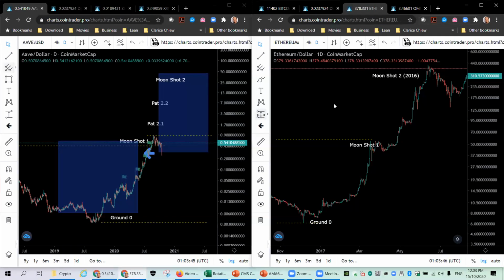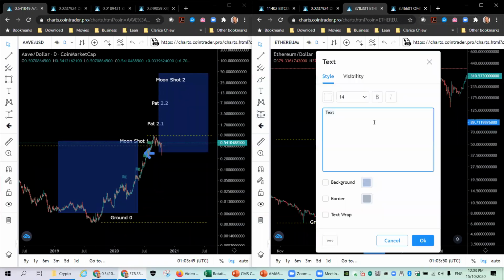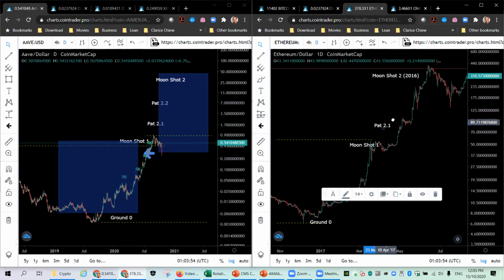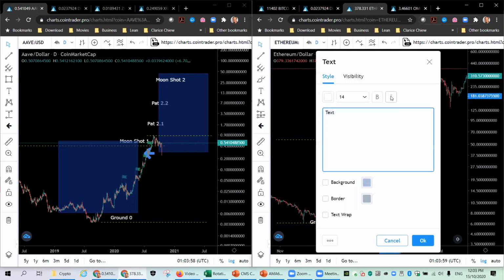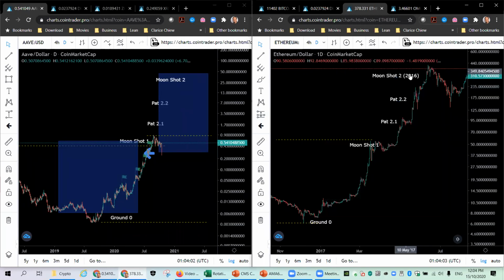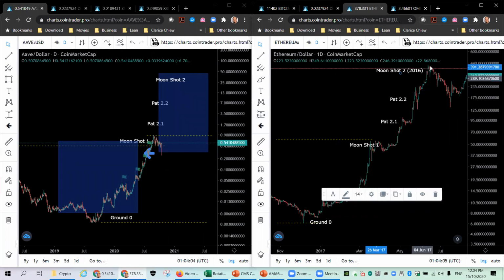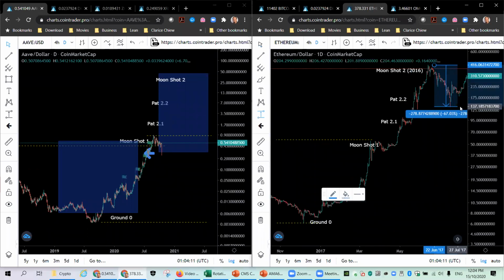So here's pattern 2.1 for Ethereum's previous cycle. That's how it looks. Here is pattern 2.2 for the cycle, and there you go, 2016 moonshot 2 at the top, which eventually corrected itself by 60%. Make sure you get out at moonshot 2.